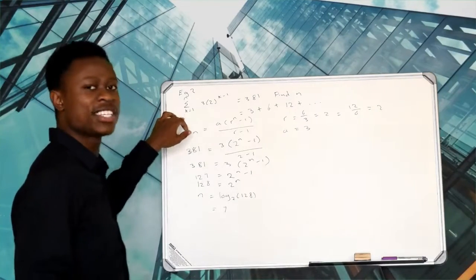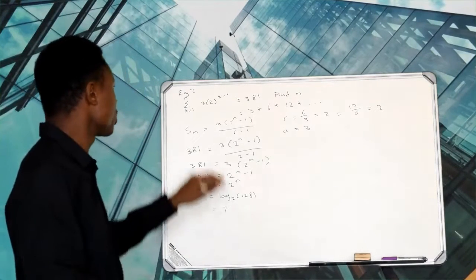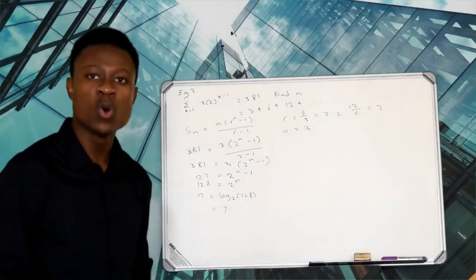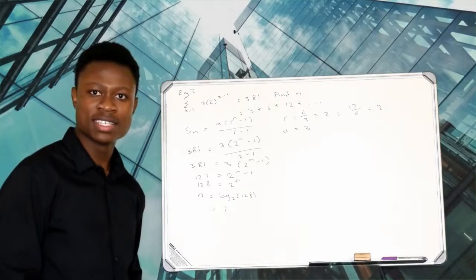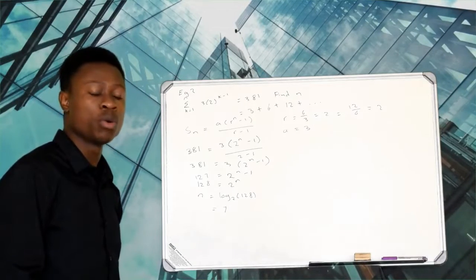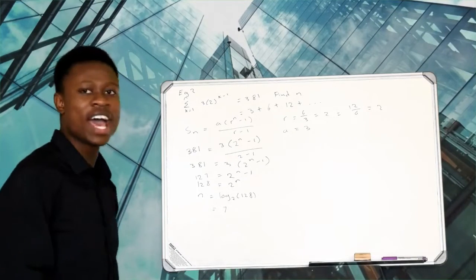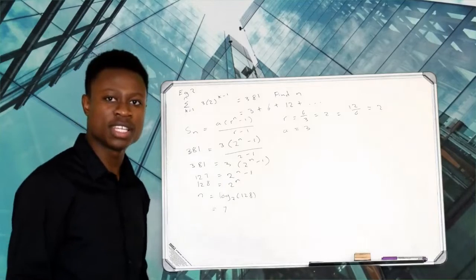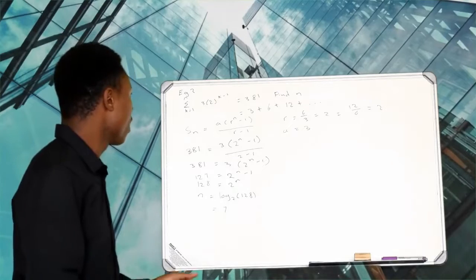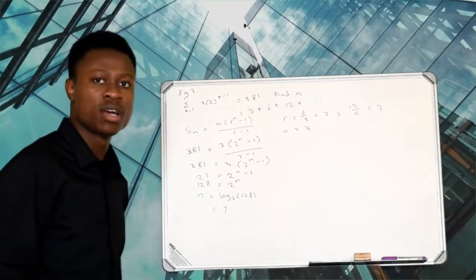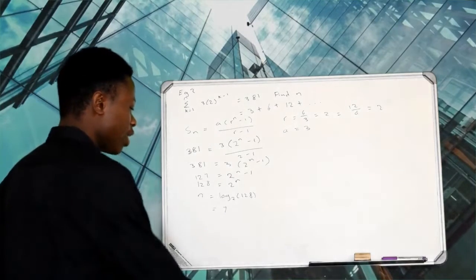Because k starts at 1, but if k started at 2, it would not be the total number of terms, because it would be 7 minus 2 plus 1, which gives me 6 terms. But in this case, we're starting at 1, so I have 7 minus 1 plus 1 gives me 7. And that is basically it on that.